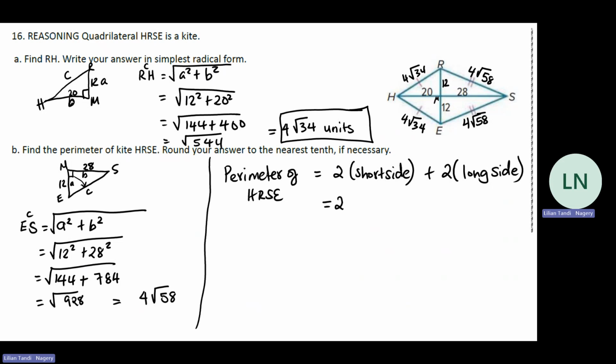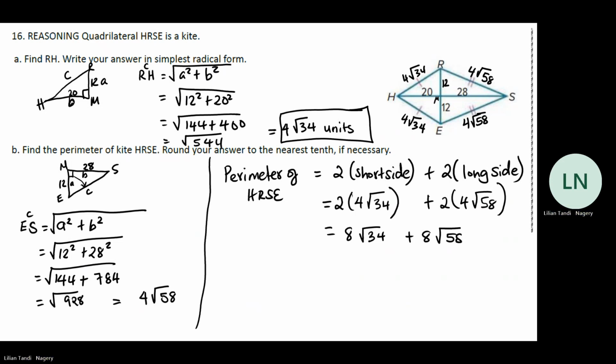So this will be 2 times 4 square root 34, and here 2 times 4 square root 58. So this will be 8 square root 34 plus 8 square root 58. Then you just put this in the calculator.